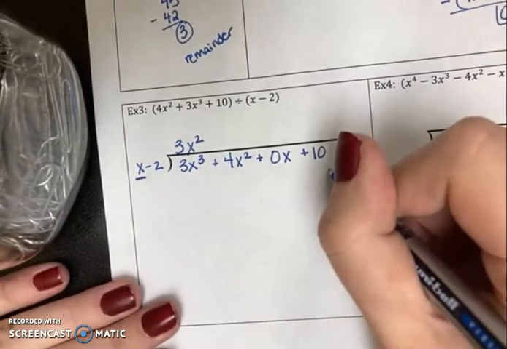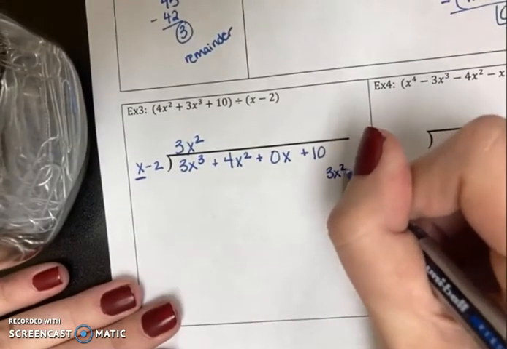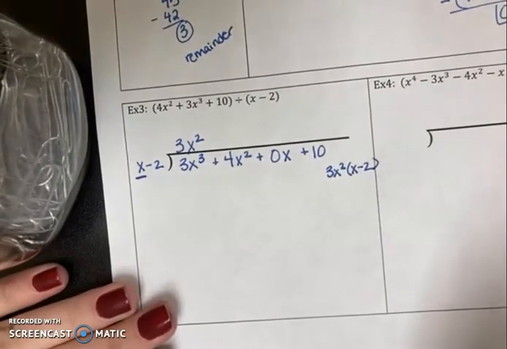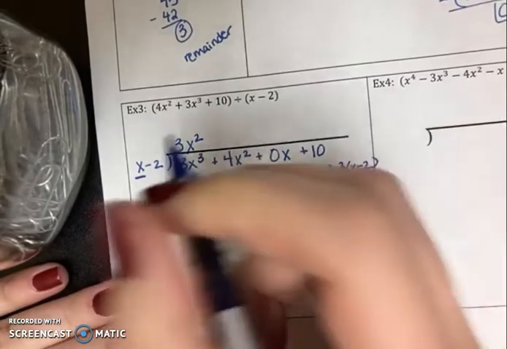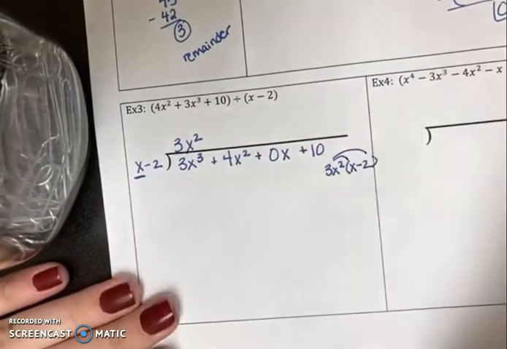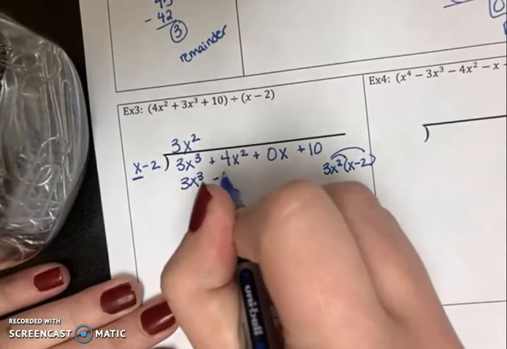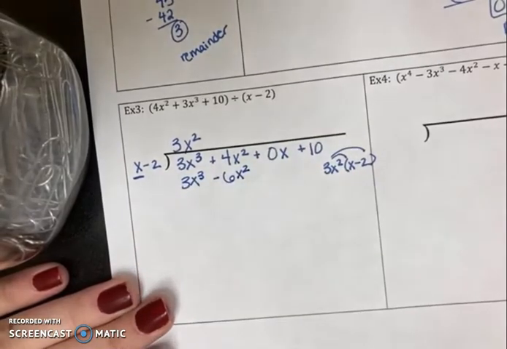So I'm multiplying my divisor, x minus 2, by the 3x squared. When I do this, I distribute it to both terms, and I get 3x cubed minus 6x squared.